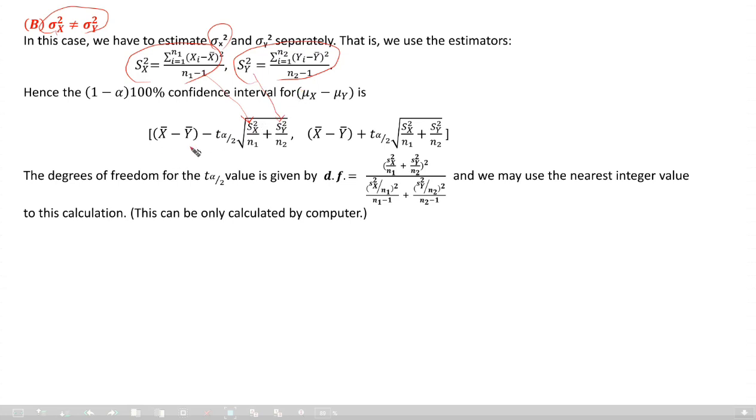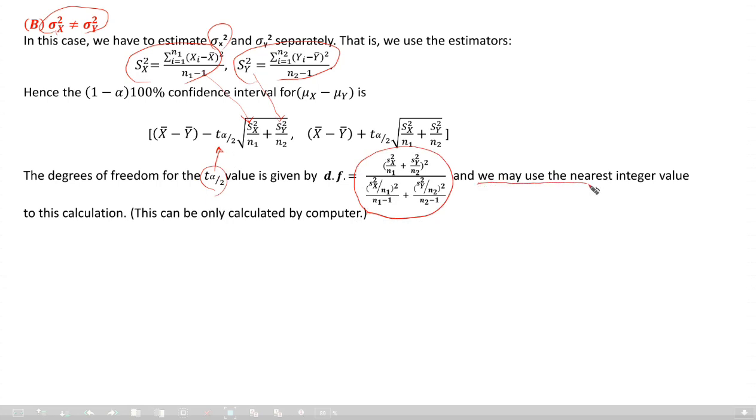So it is a little difficult, complicated expression, and for the degrees of freedom, we have to get the t alpha over 2 value. It has some degrees of freedom, which is very, very complicated. You don't have to worry about it, you don't have to memorize it.